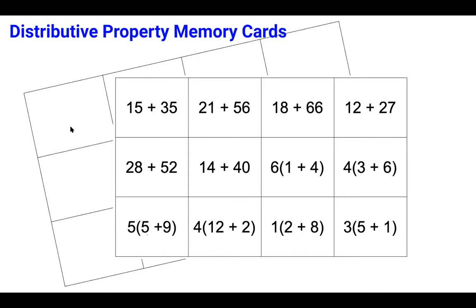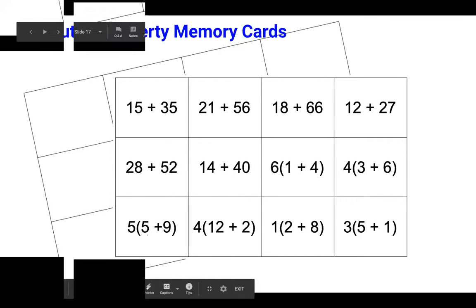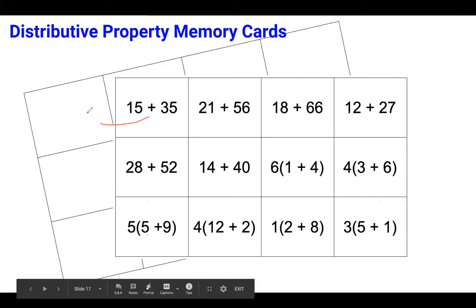Because you want the pairs to match when you flip them. We don't want both answers to be on the same card. We want one expression, and the matching expression to be on a different card. So when we pick them up, we know they're a match. Does that make sense?